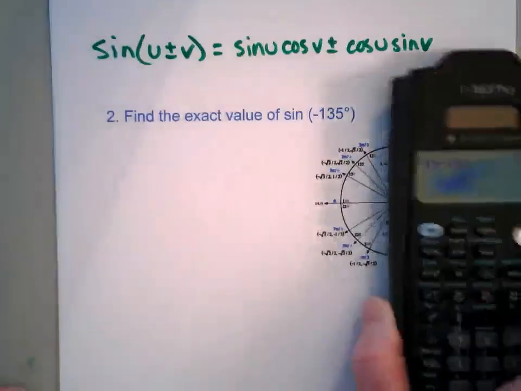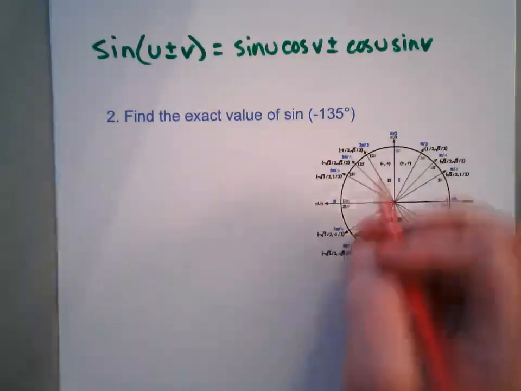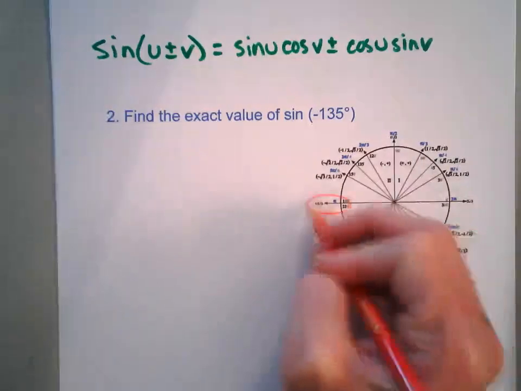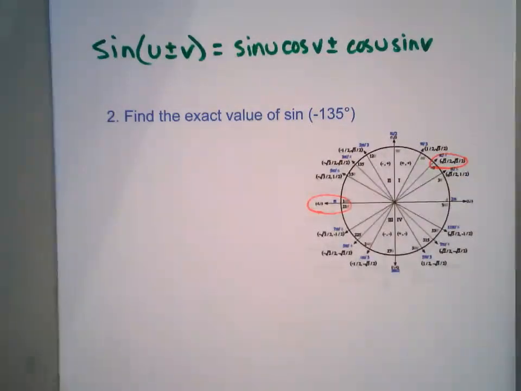Again, there's many ways you can come up with that. That's just the one that I came up with real quick. So here and here, those are the two sets of values that we'll be using in this problem.